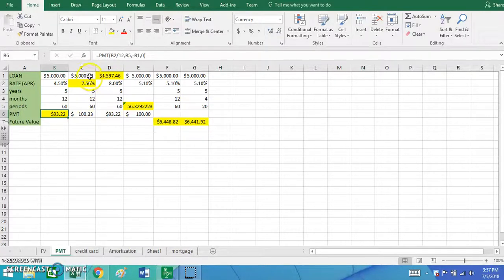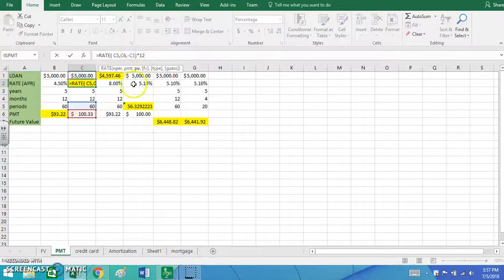This is example 2. I had $5,000, 5 years, monthly, but I'm making a $100.33 monthly payment. I wanted to know what my interest rate would be at the end of that period of time. So the interest rate for this loan is 7.56. If you look at my formula, on the paper I had a comma 0 at the end.